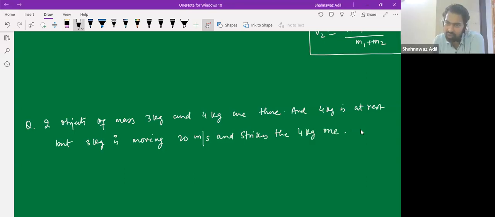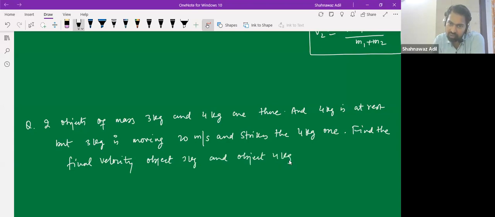So we have to find the final velocity of object 3 kg and object 4 kg. So this can be the question, right? So you have to find V1, V2.